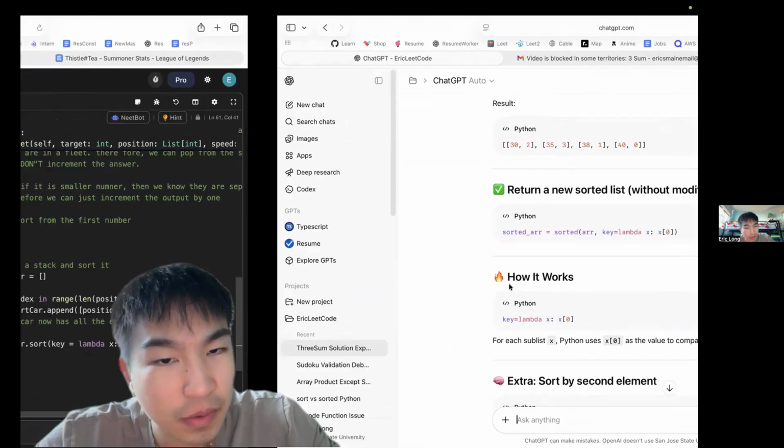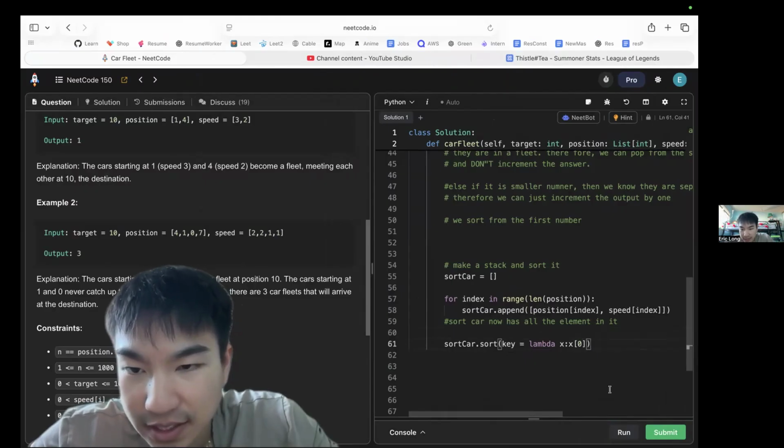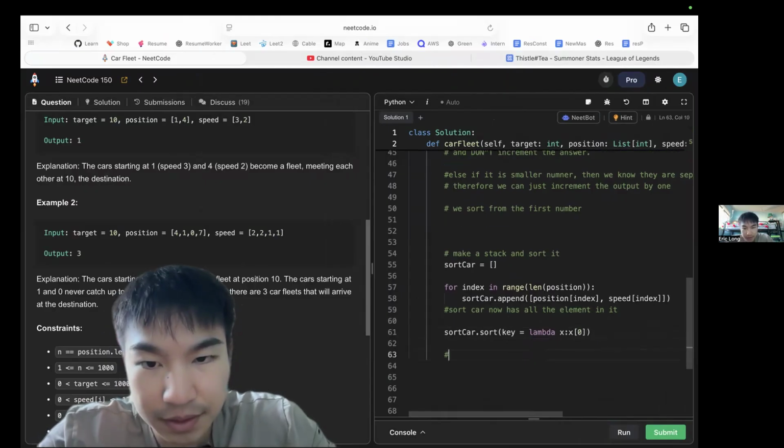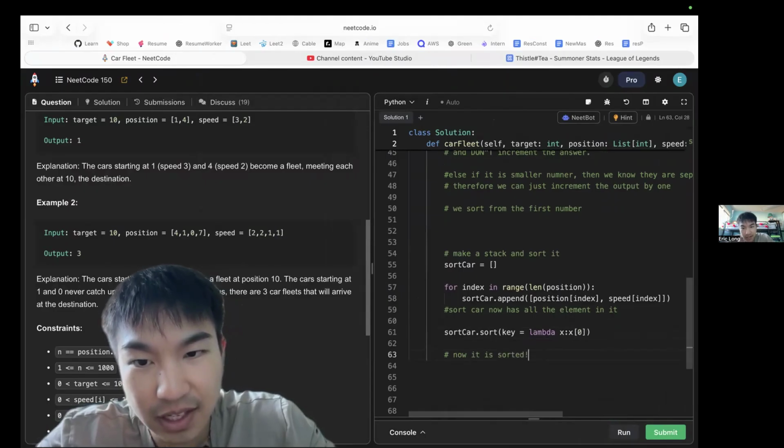Sorted. We don't want sorted. We want sort. Okay, now it is sorted. Yay.